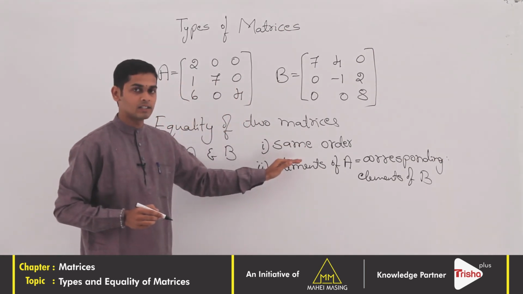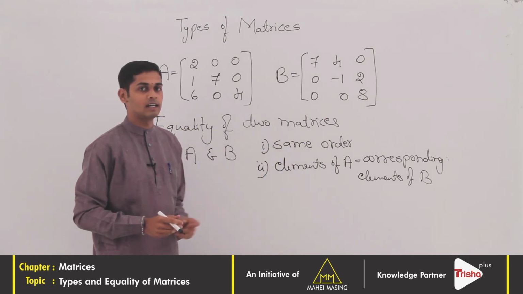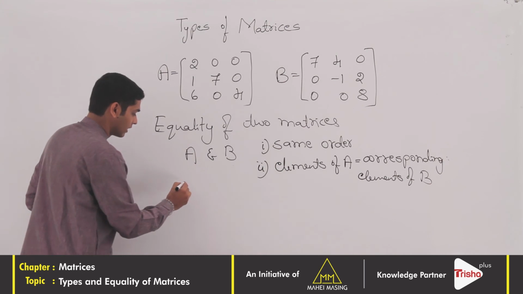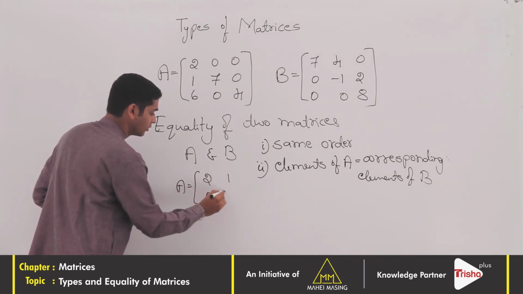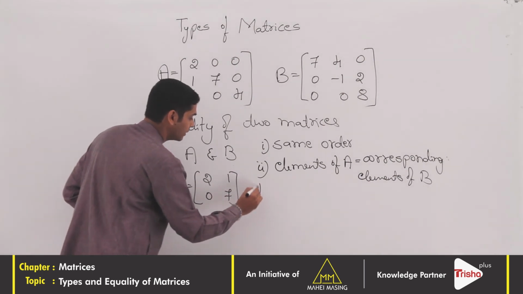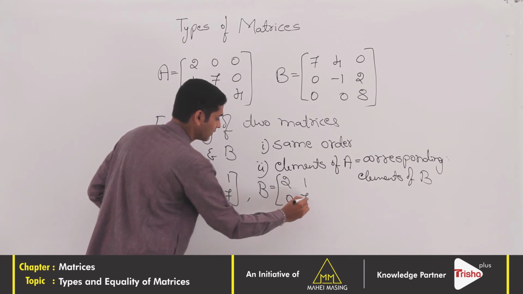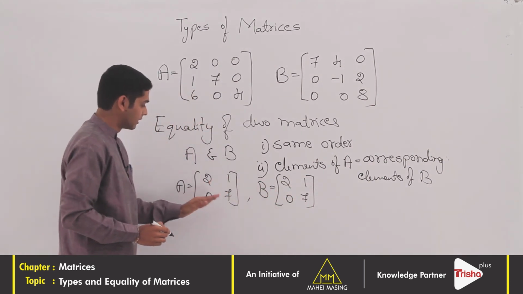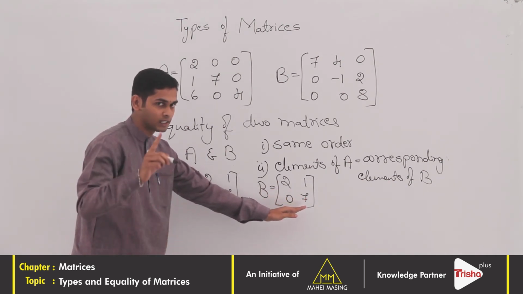If two matrices satisfy these two conditions, then we can say the two matrices are equal. For example, A is equal to 2, 1, 0, 7 and B is equal to 2, 1, 0, 7. Now, A and B are equal because the order of A is 2 cross 2, and the order of B is also 2 cross 2, that is the first condition.